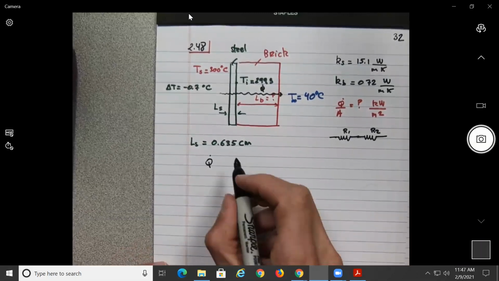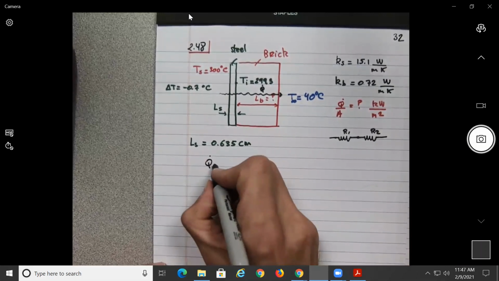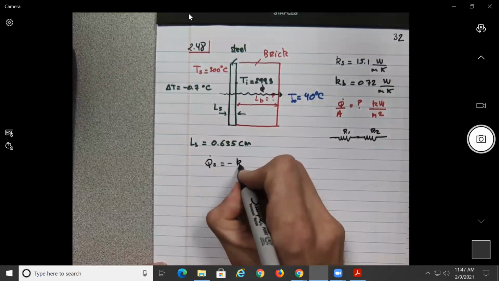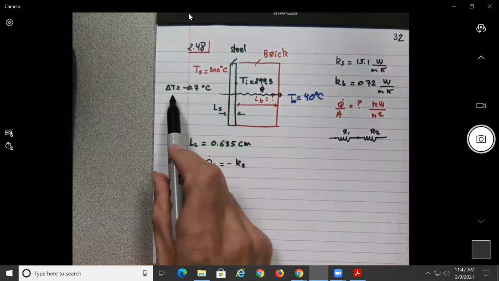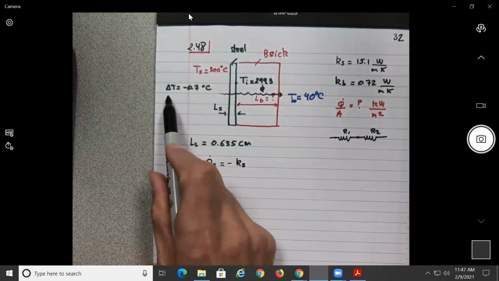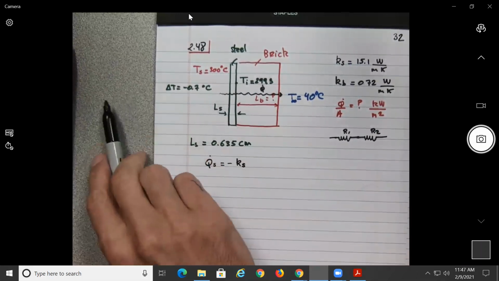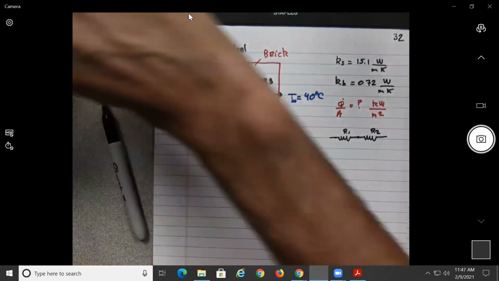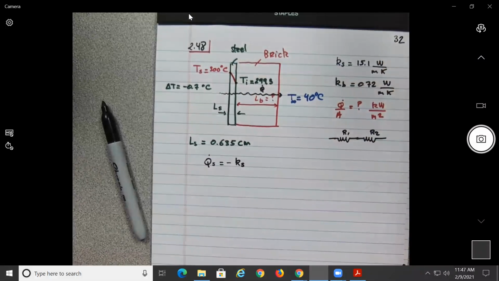So what would be the Q going through the steel? It would be negative k steel, and that's probably why they give us this change in temperature, the temperature gradient over here between 300 and 299.